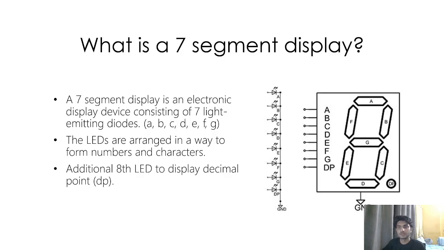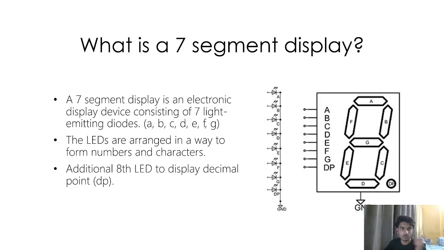So the first slide says what exactly is the seven segment display. At its core, it is an electronic display device which is made up of seven LEDs labeled A through G, arranged in a specific pattern that allows us to display numbers and characters by multiple permutations and combinations.